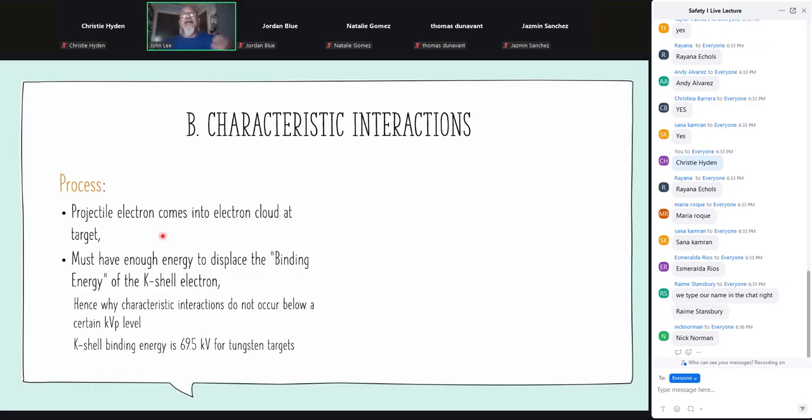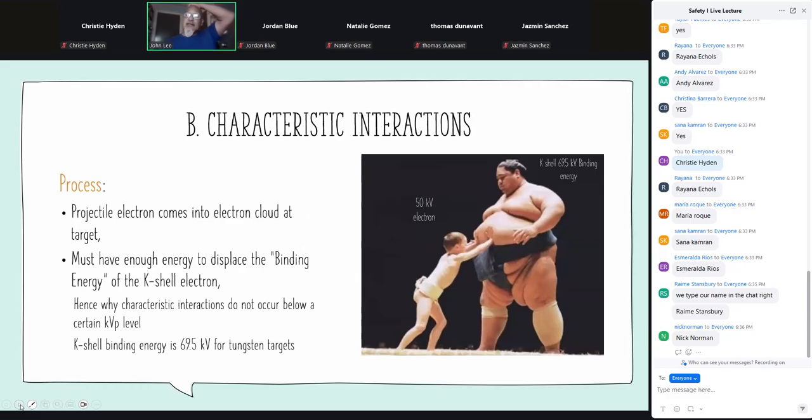So the process here: the projectile electron comes into the electron cloud at the target. If it gets one of the K shell electrons out of its orbit, then other electrons will drop into it. So if the electron coming in does not have an energy above 69.5, then we will have no characteristic X-ray production because none of the electrons will get bounced from their shell.